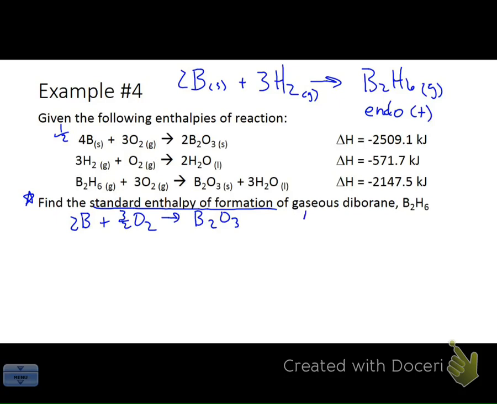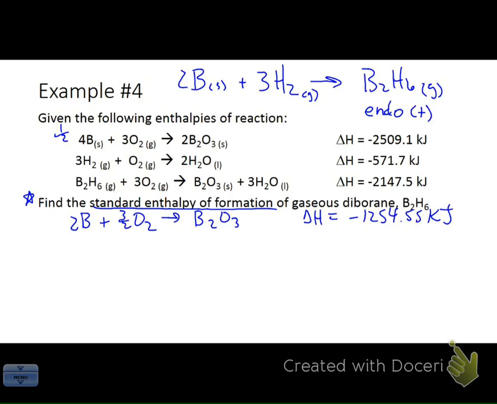The delta H for that is minus 1254.55 kilojoules.